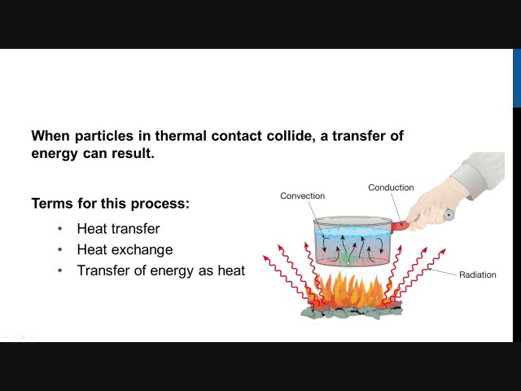The warmer molecules have more energy, so they float to the top while the cooler molecules go down to the bottom. Once they get warm, they push, and it cycles for convection. If you've ever heard of a convection oven, the air inside the oven circulates to better move the particles around.